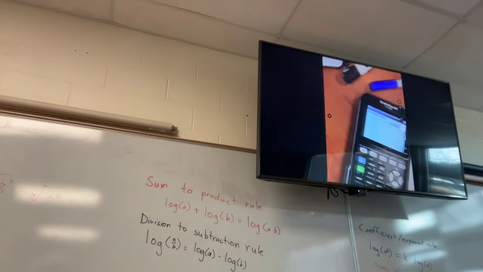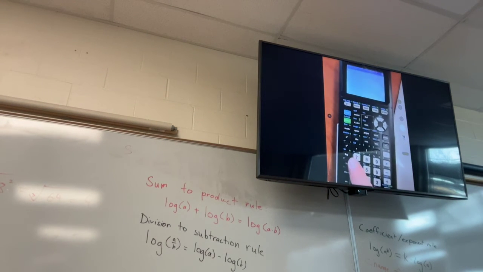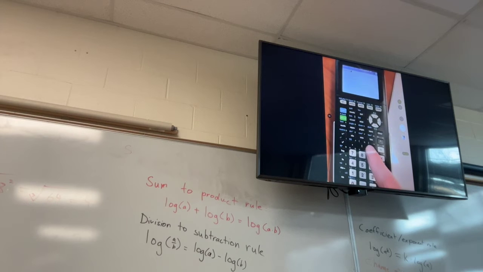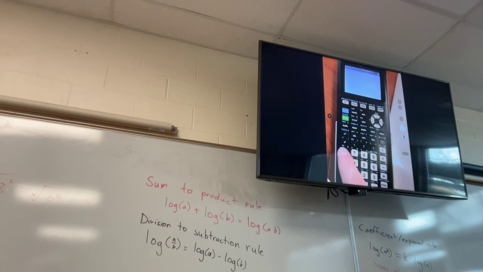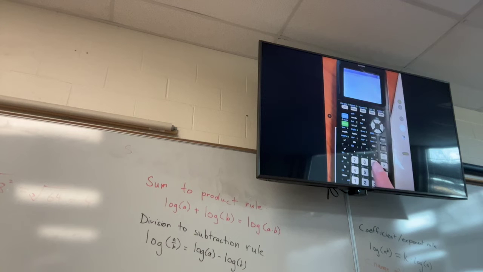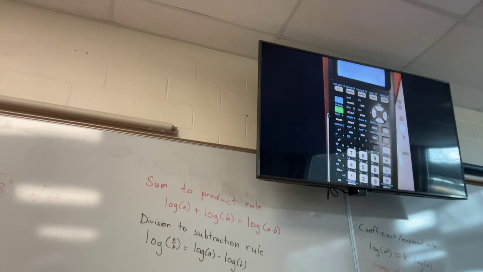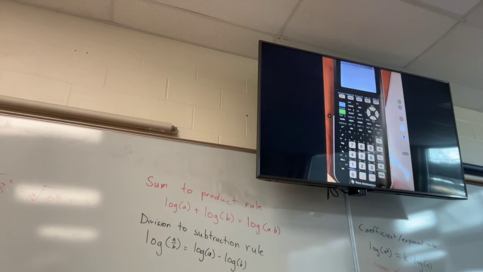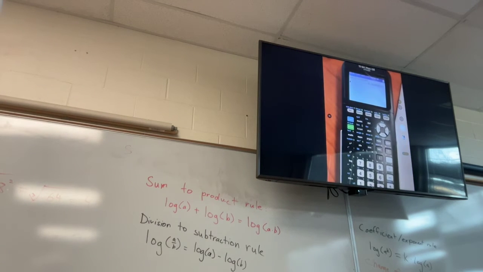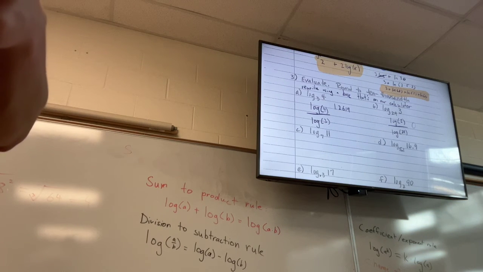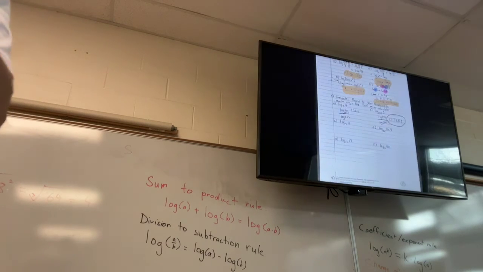Let's do that in our calculators. You see how I'm doing my calculator? I'm just pressing the log button. Okay, that gives us 0.3263.